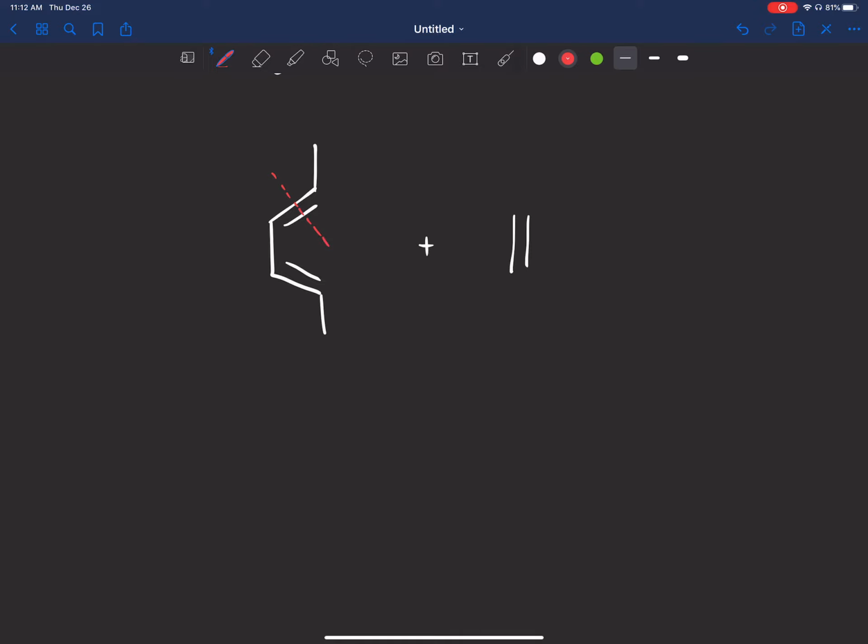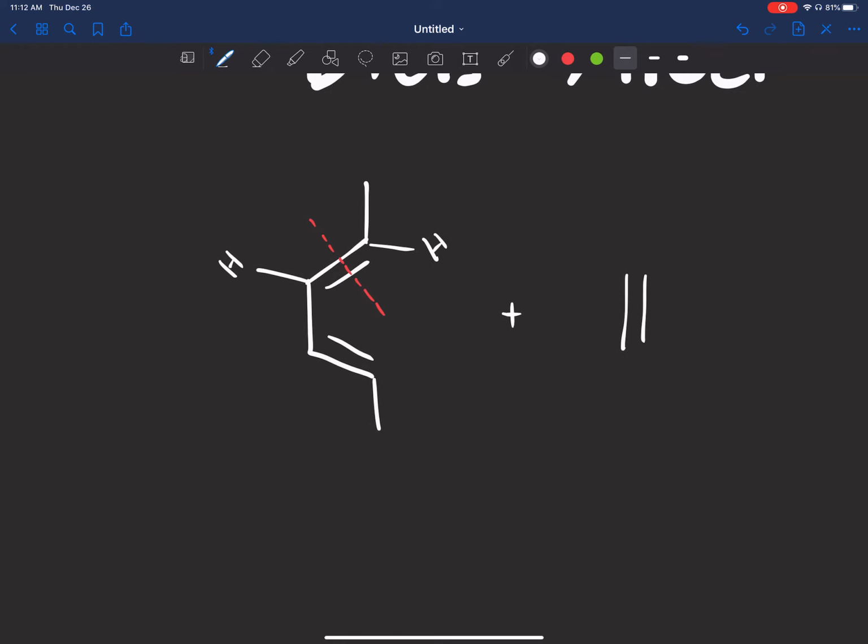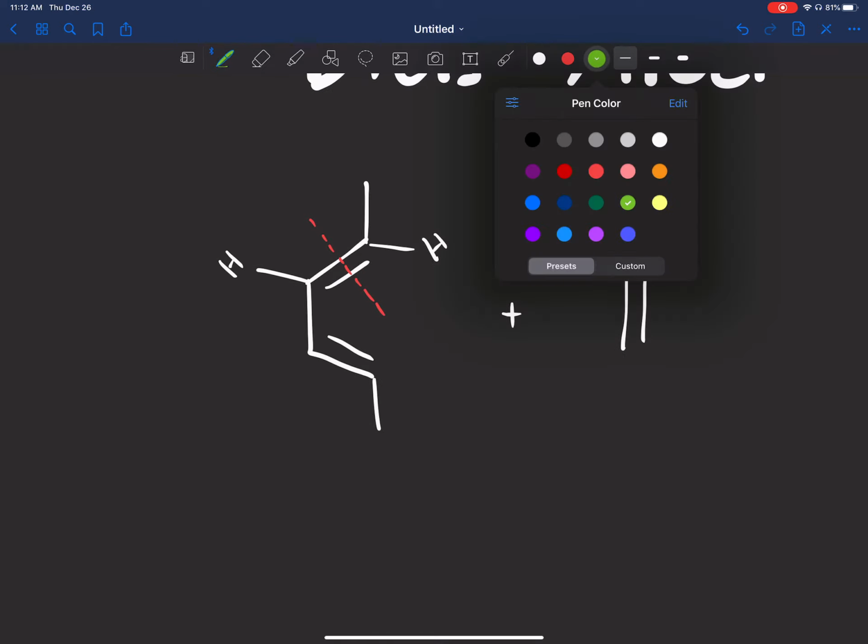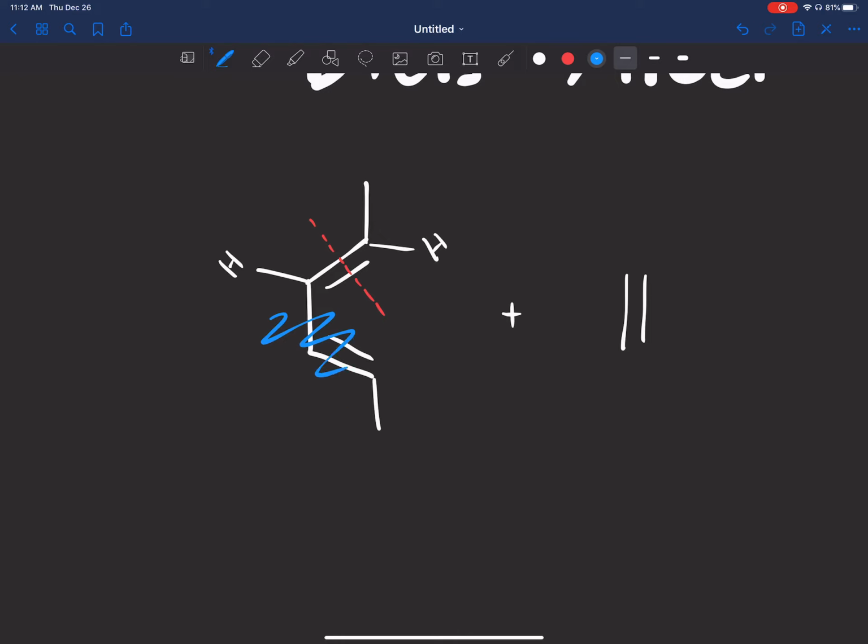Split this one double bond down the middle. You have an H over there, and an H over there. Okay? So, looking at this double bond alone, so we're not focusing on this part of the diene, just the double bond at the top. All right?